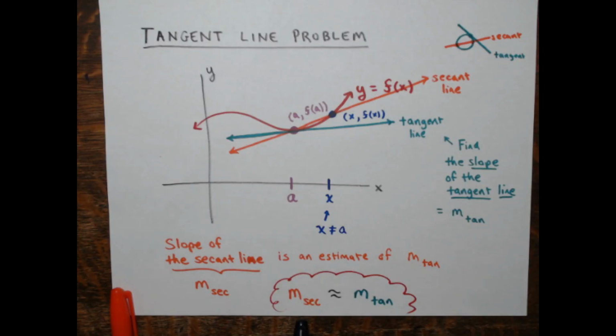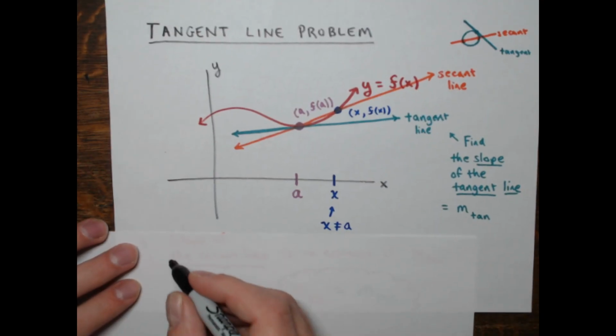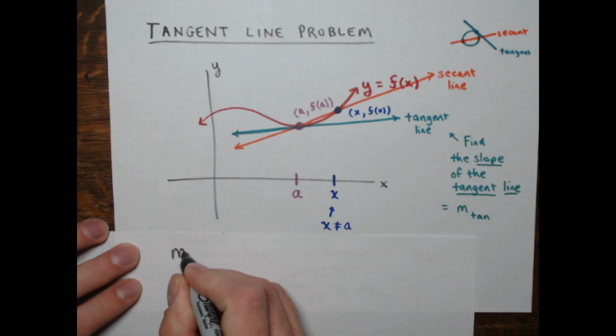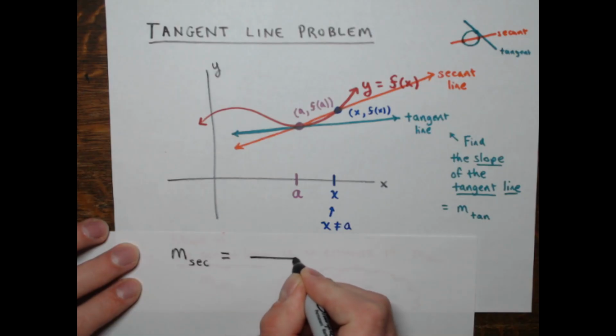All right, so what is this slope of the secant line? I'm going to keep the picture up here, and we'll overlay another piece of paper here, sorry. So the slope of the secant is approximately the slope of the tangent. Again, the slope of this secant line, remember how to calculate slope.